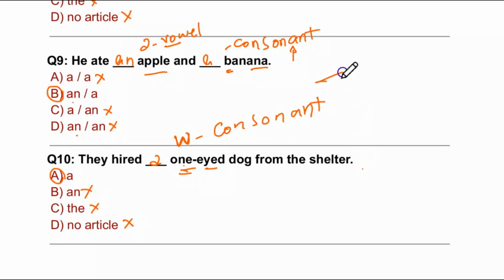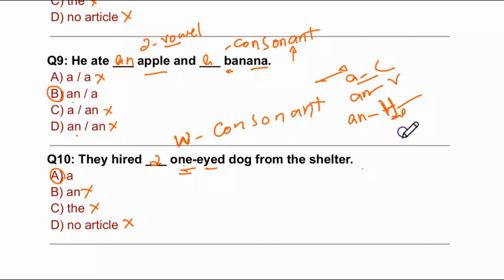So we learned today, if the word begins with a consonant sound, we use a before the word. If the word begins with a vowel sound, we use an before the word. If the word begins with H and H is silent, but the second letter is a vowel that we pronounce, we use an because H is silent.